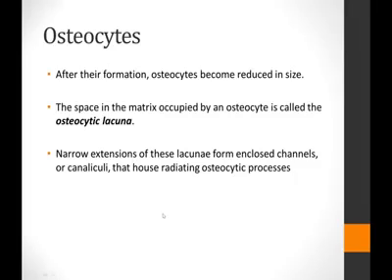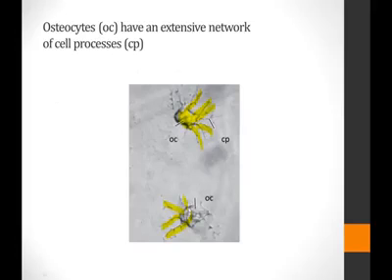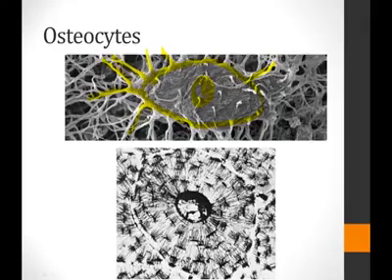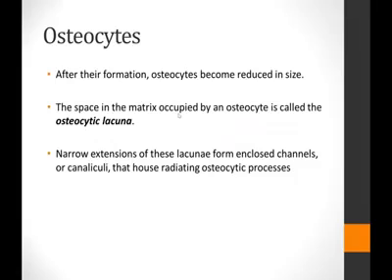These lacunae have narrow extensions in the form of enclosed channels or canaliculi that house the radiating osteocytic processes, as I have shown you here, and here as well. So these lacunae have canaliculi, channels or extensions inside which the osteocytic processes reside.